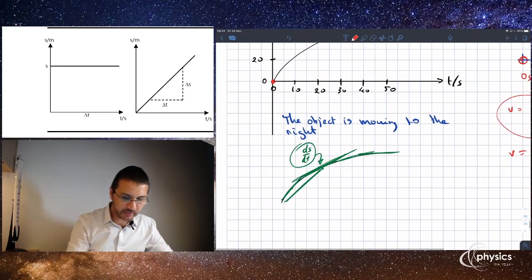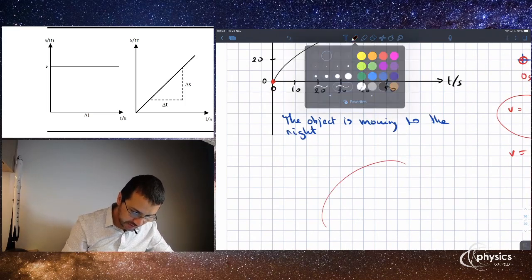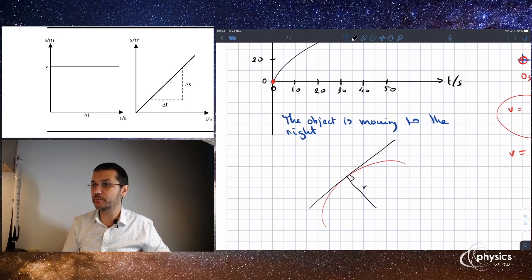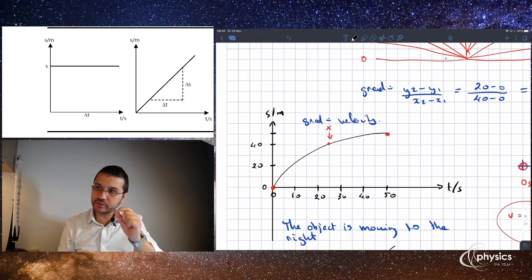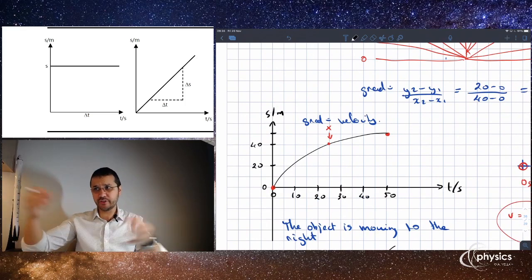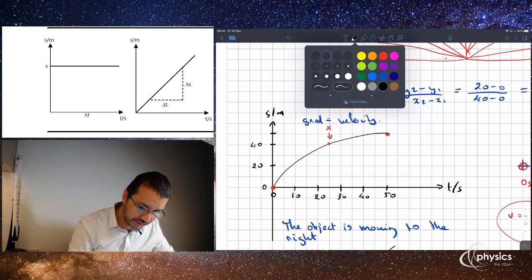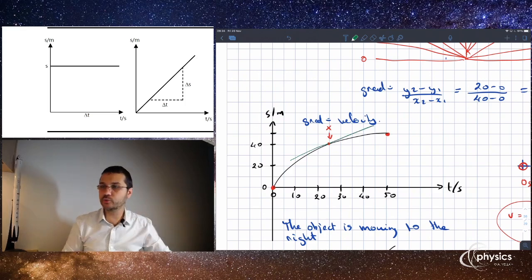Now, you did something about tangents at O-level maths. The definition of a tangent is, if I have a circle, okay, the tangent touching this point is a line which is perpendicular to the radius. It's perpendicular to the radius. Now, in this case, it's a little bit more difficult because the curve is not a perfect circle, it's a curve. So, if you're going to draw a tangent, you have to draw a line using your ruler.